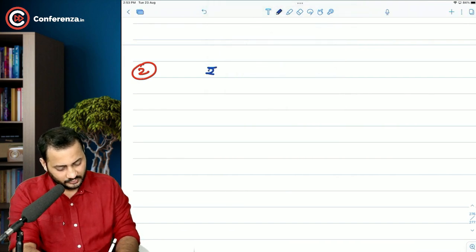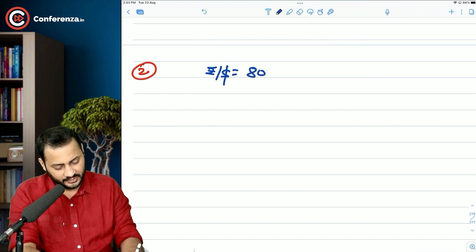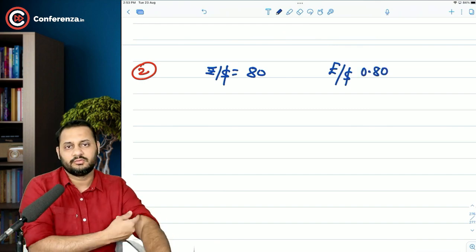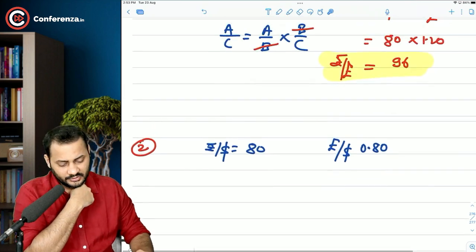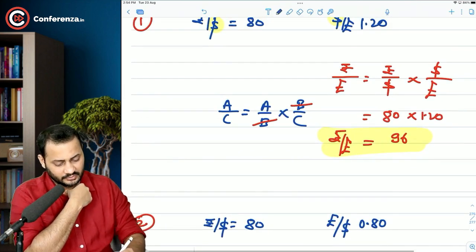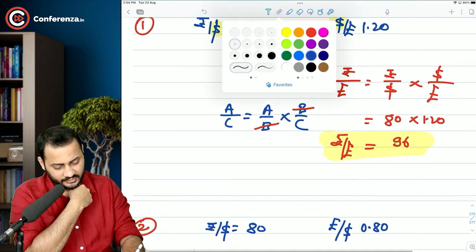Let's say rupees per dollar is 80 and pound per dollar is 0.80. Now you are facing the problem. I just told you one thing in the previous part, that let me just write it.